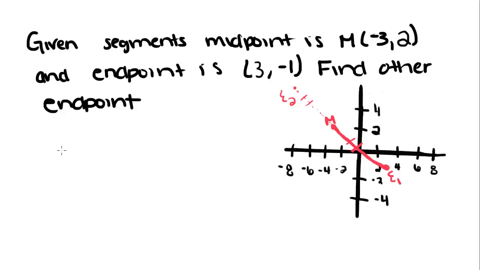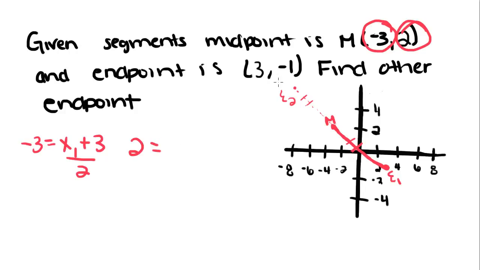So we're going to use the same formula we just learned, except since we already know what the midpoint is, we're going to set the x coordinate, or the x midpoint, equal to, we're going to call it x1, this point up here, x1 plus this endpoint right here, divided by 2, and we're going to do the same for the y and set 2 equal to y1 minus 1 over 2.